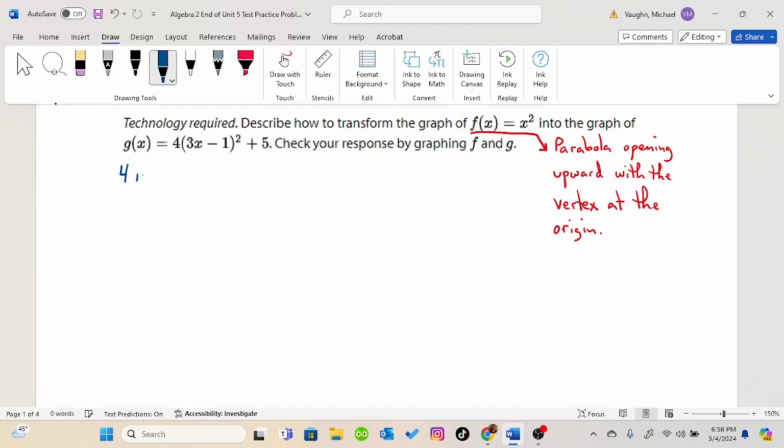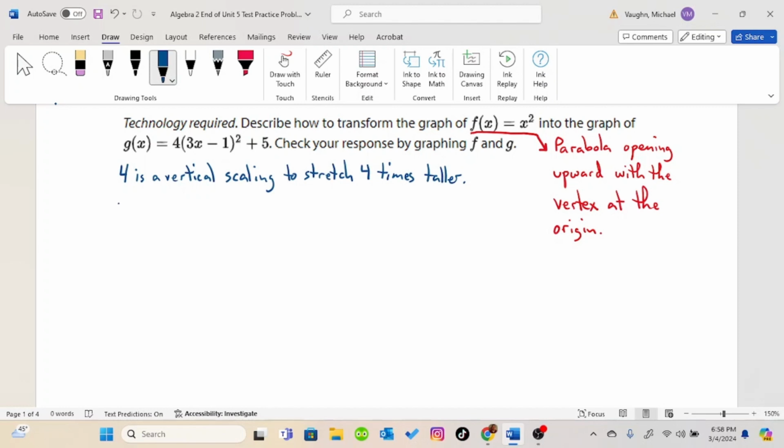So 4 is a vertical scaling, to stretch 4 times taller.